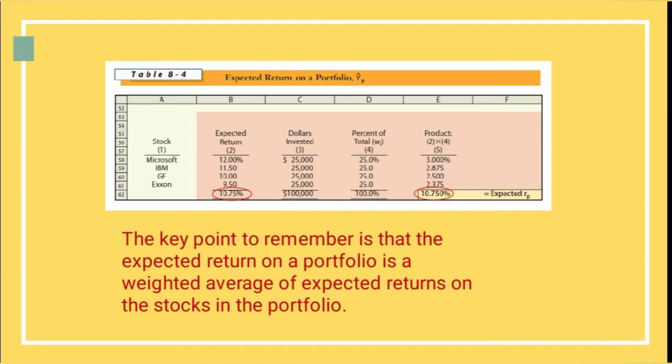You could multiply each stock's percentage weight, as shown in column 4, by its expected return, get the product terms in column 5, and then sum column 5 to get the expected portfolio return of 10.75%. Again, the key point to remember is that the expected return on a portfolio is a weighted average of the expected returns on the stocks in the portfolio.